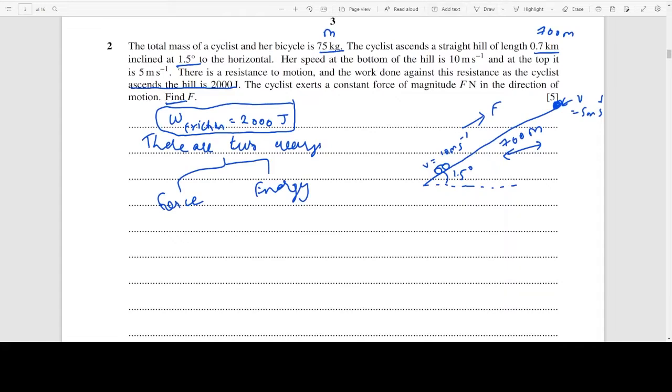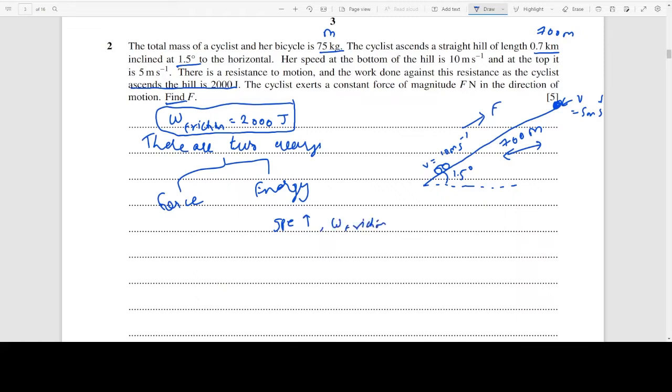So let's say, as the cyclist ascends, as it goes to the top, the GP is increasing, and work done against friction.